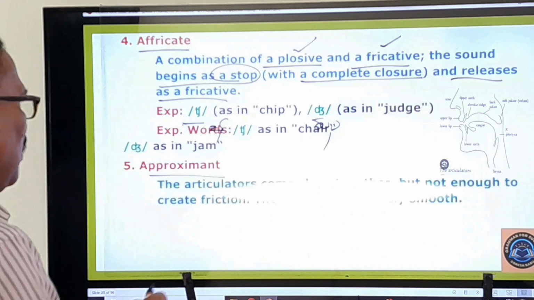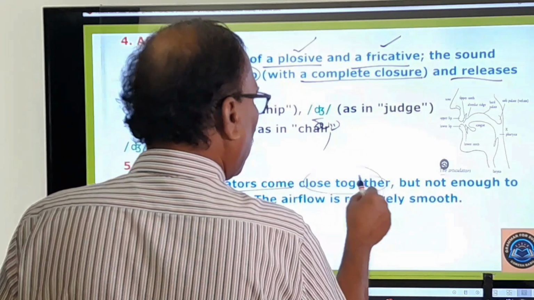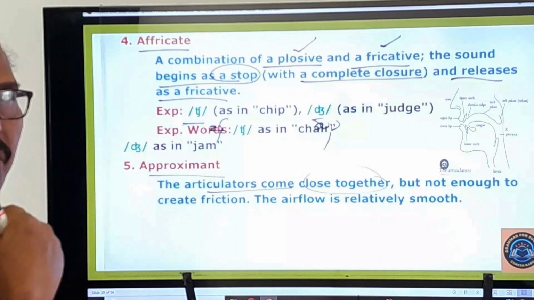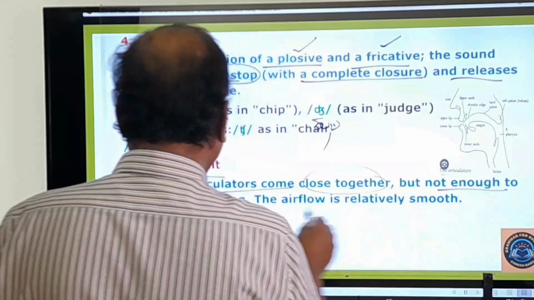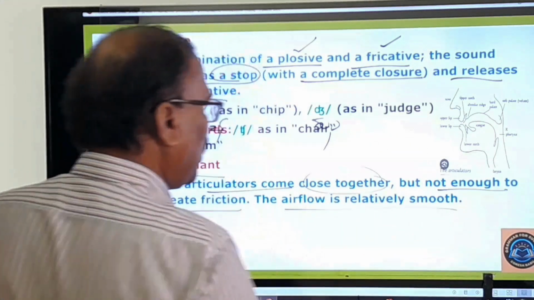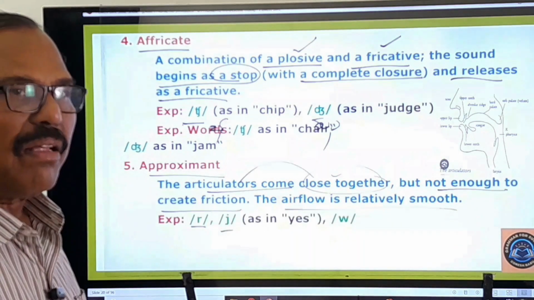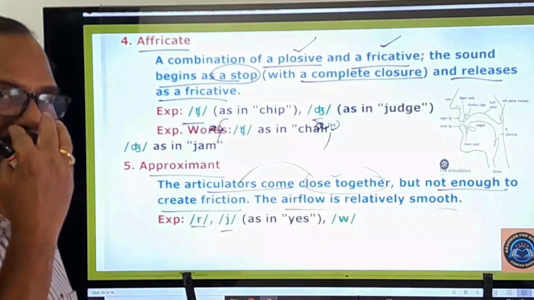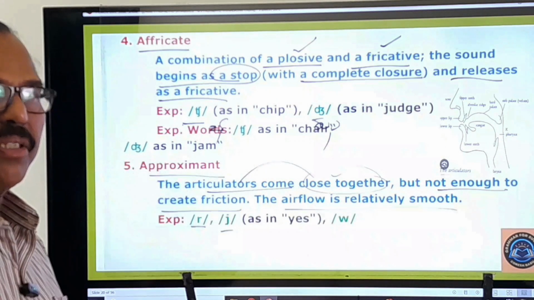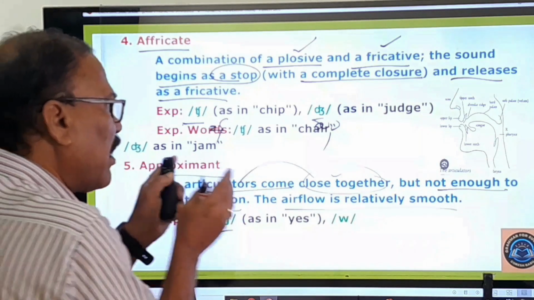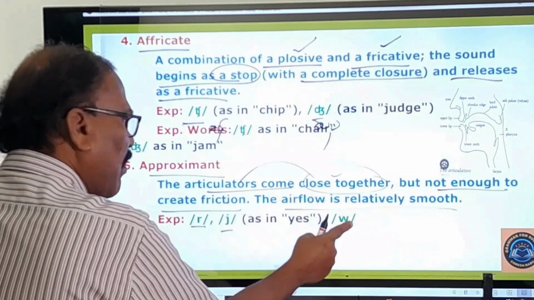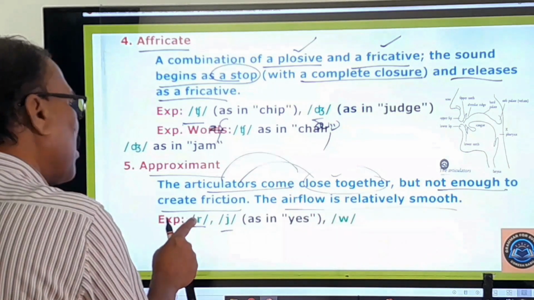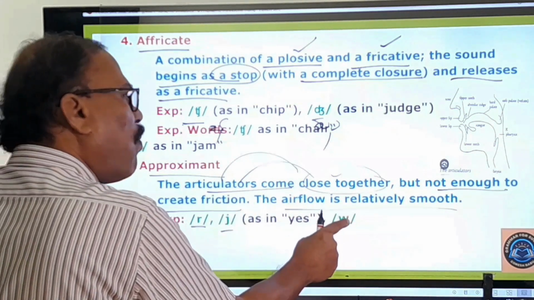And here approximant is there. Approximant means what? The articulators come close together. Articulators means tongue, lips. Okay, they are called articulators. The articulators come close together, but not enough to create friction. The airflow is relatively smooth. These articulators, tongue, teeth, lips, come close together in the production of these consonantal sounds: ra, ya, wa.